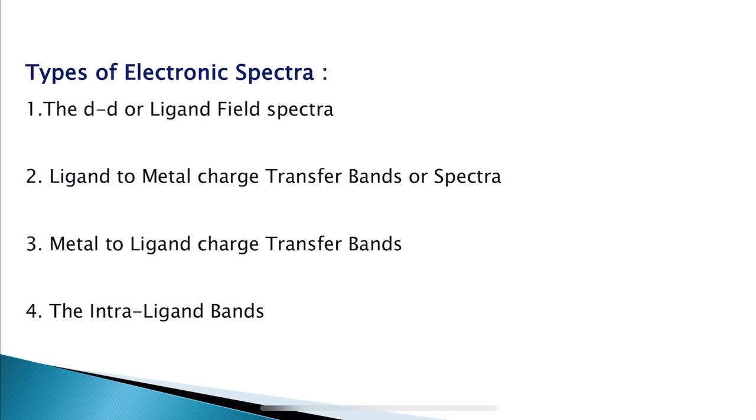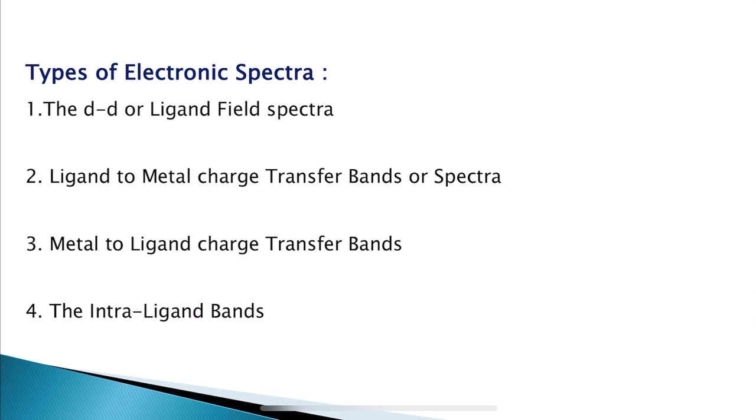When we talk about the geometry of the complex, we should consider all these observations. The next factor is the nature of the bonded ligand, and the third factor is the oxidation state of the central metal ion. So, what is the oxidation state?